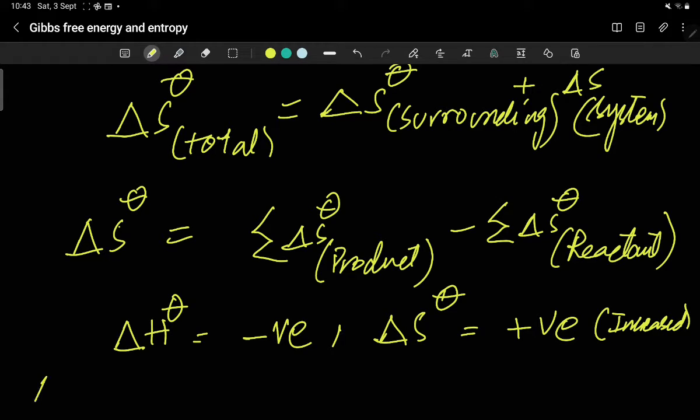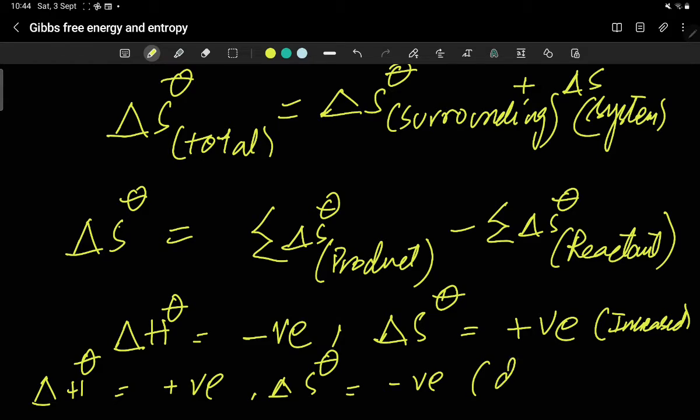But if the delta H, enthalpy change of the reaction, is positive, delta S would be negative.